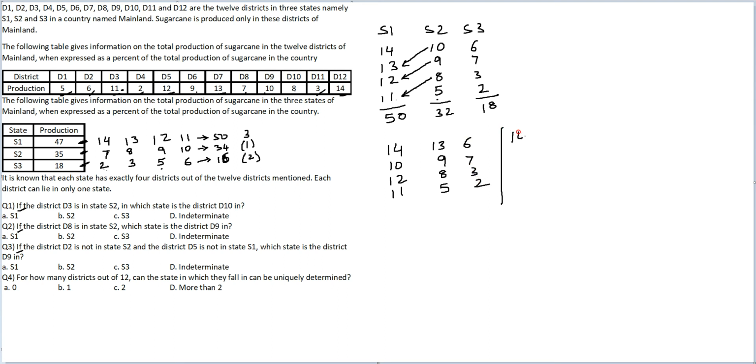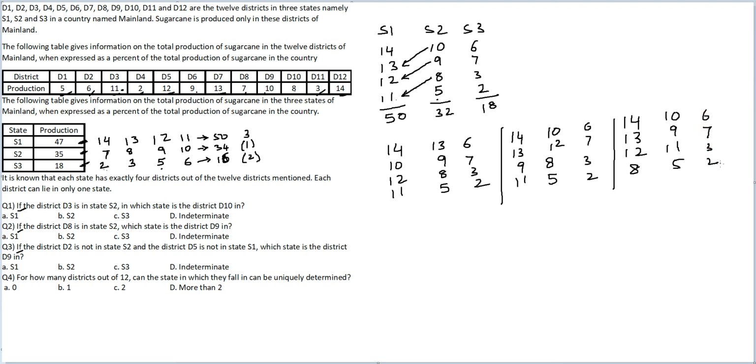The other case would be 14, 13, 9, 11, 10, 12, 8, 5, 6, 7, 3, 2, and the final case would be 14, 13, 12, 8, 10, 9, 11, 5, and 6, 7, 3, 2.